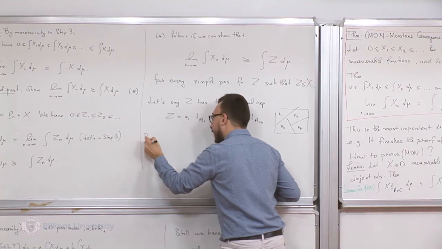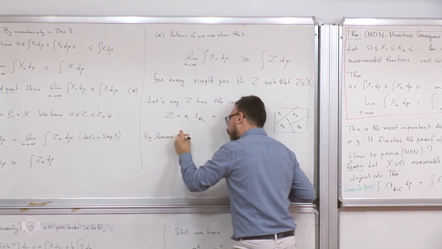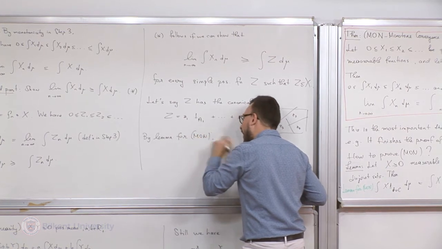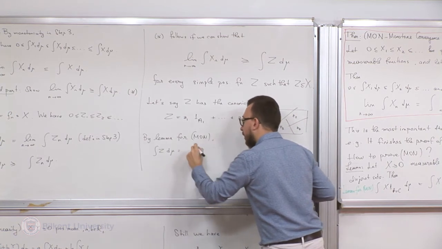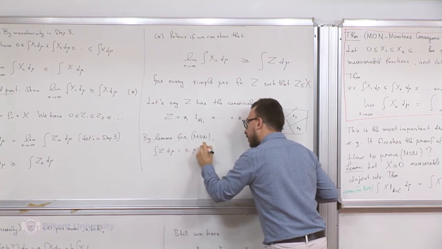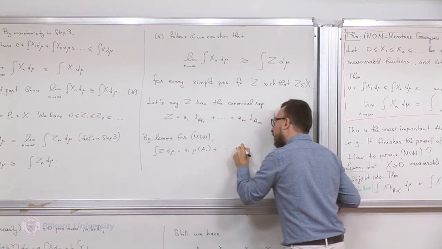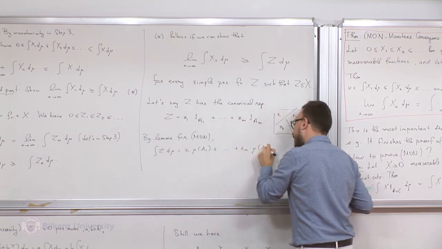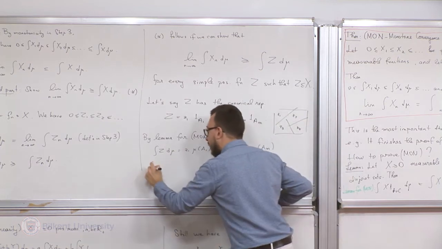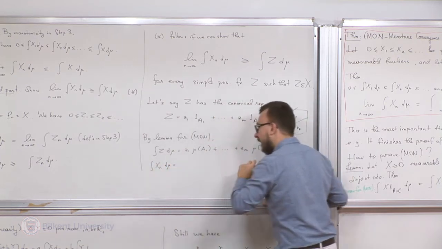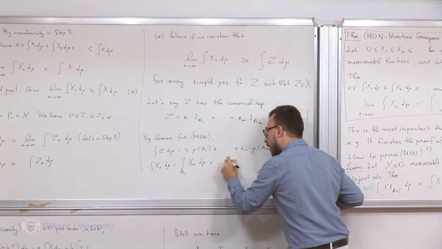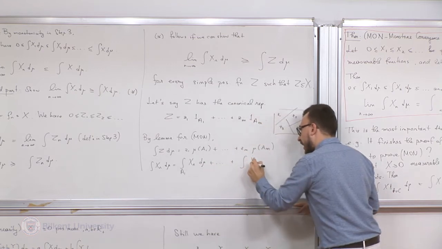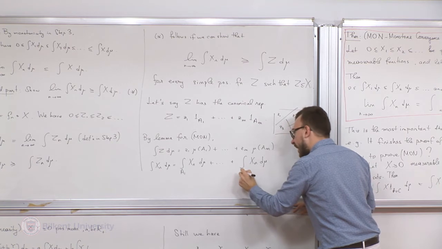By the lemma, we have the integral of Z is just Z1 μ(A1) plus and so on plus Zm μ(Am), and the integral of xn dμ is the integral of xn over A1 plus and so on plus the integral of xn over Am.